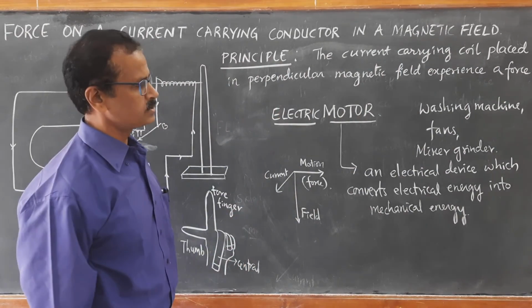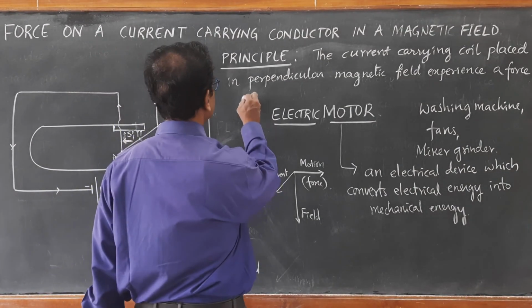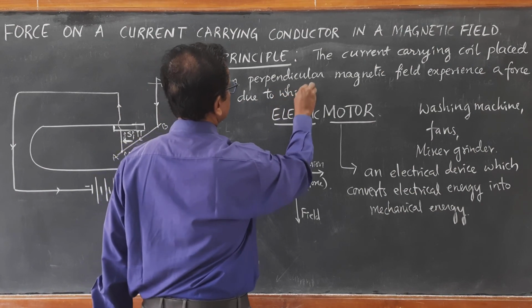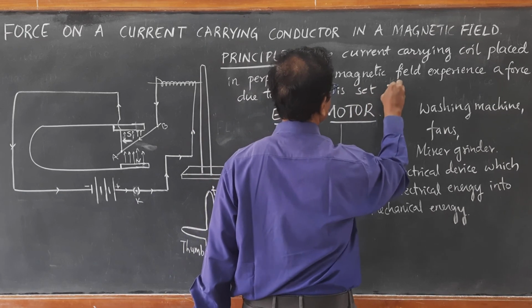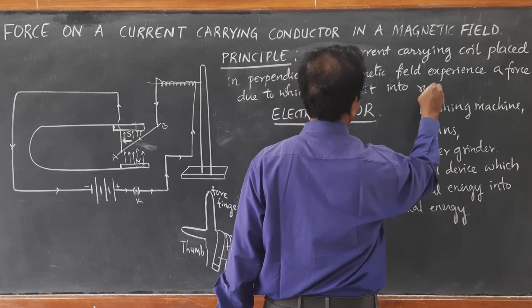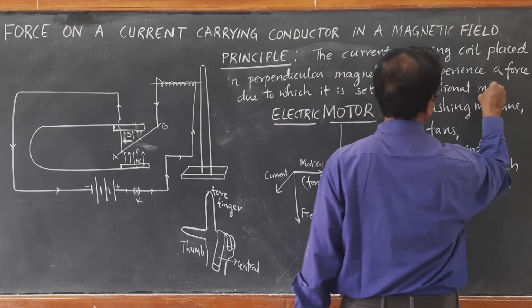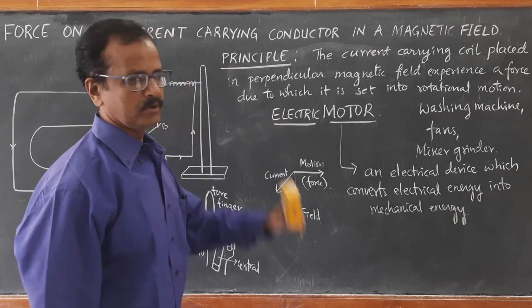As a result, it starts rotating, due to which it is set into rotational motion. So this is the principle of the electric motor. Okay.